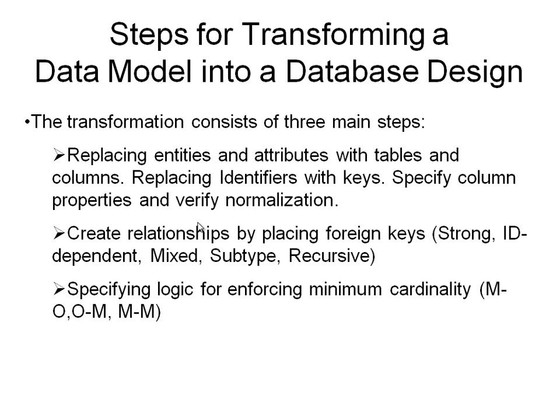Then we replace the identifiers with keys, especially the one that can identify or determine the rest of the attributes, which we will call the primary key. We specify the column properties and verify normalization.